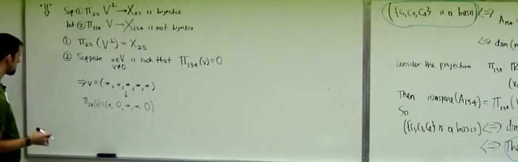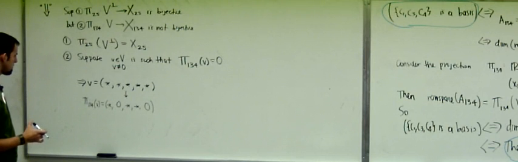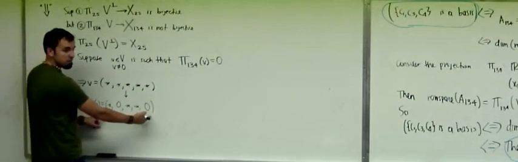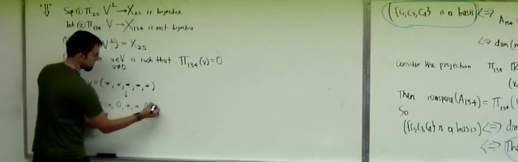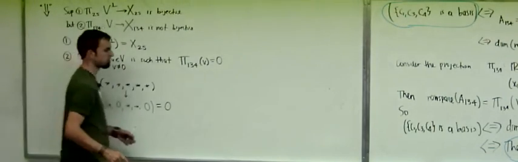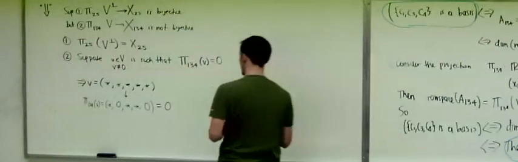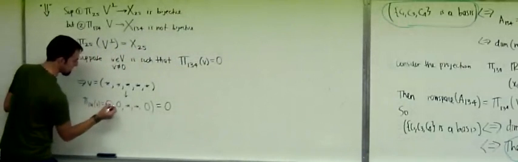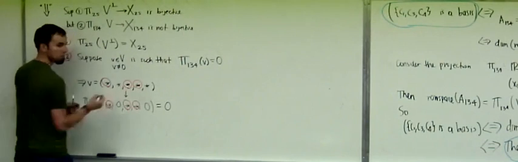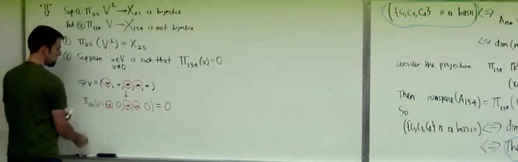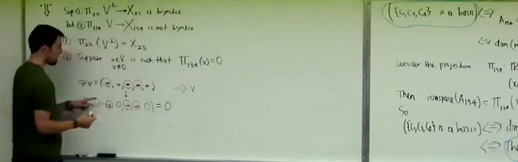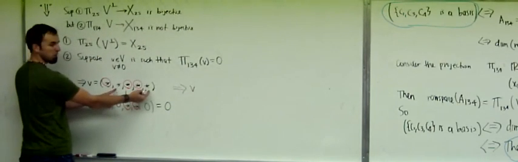Great. Right. So if this guy is 0, that means that these coordinates must be equal to 0. In other words, these ones must have been 0. In other words, V could only have non-zero coordinates at 2 and 5.